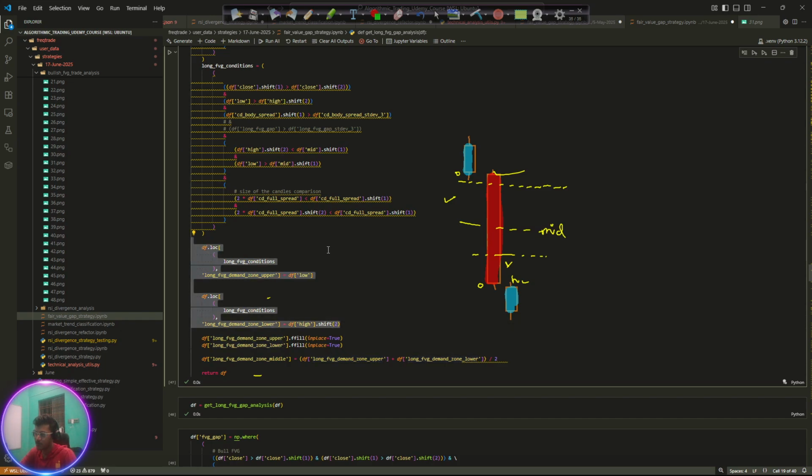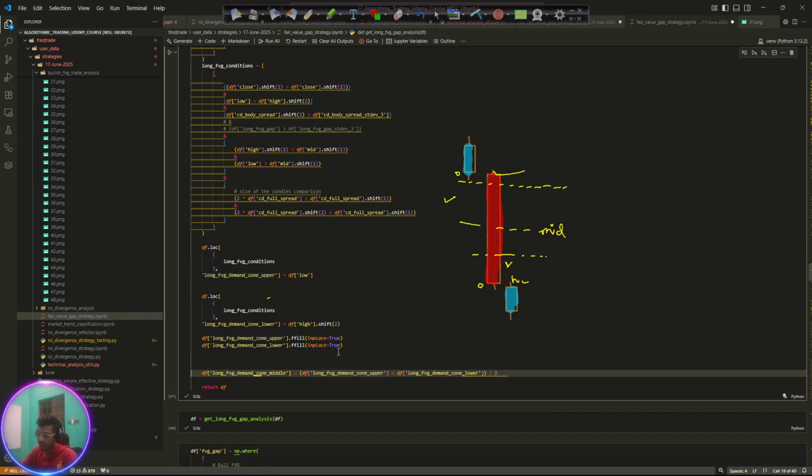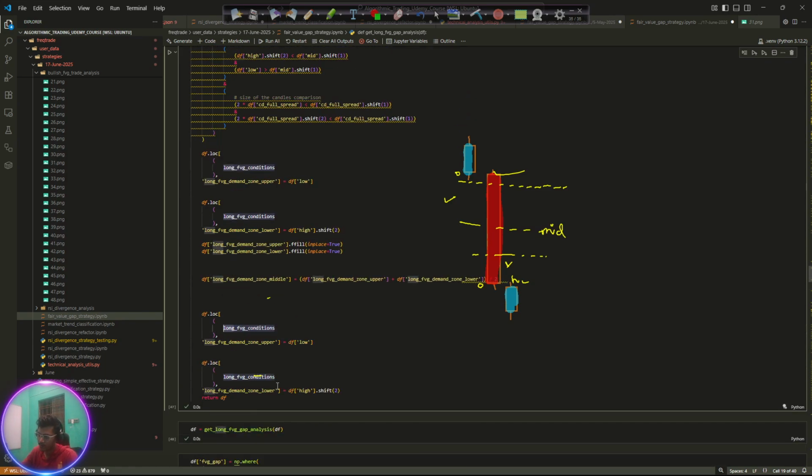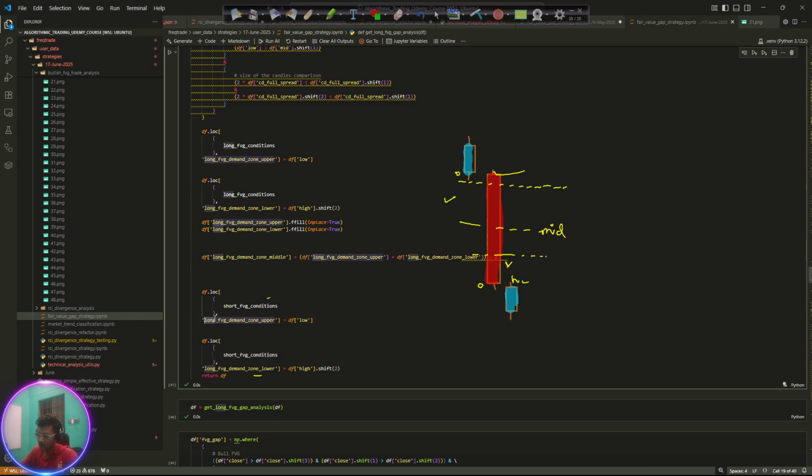So long FVG demand zone, upper, lower zone, I'm going to do that as well, but here I'm going to do it for short FVG. This will be FVG supply zone upper, and this is going to be supply zone lower.